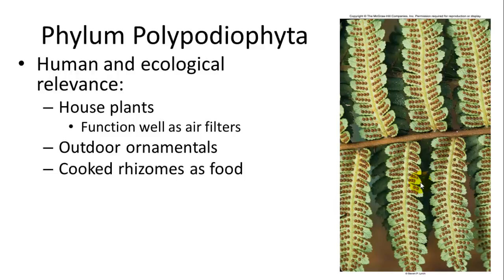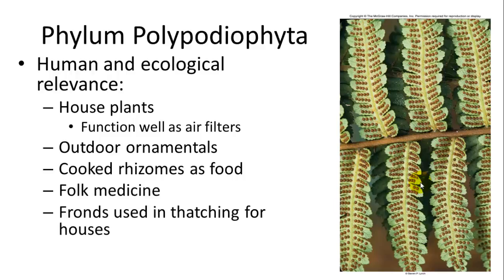Sometimes the roots and the rhizomes are cooked for food, sometimes used for folk medicines. They're used in thatching to help in some of the construction of houses. And finally, because of their long and slender structure, they have properties which make them useful in basket weaving.